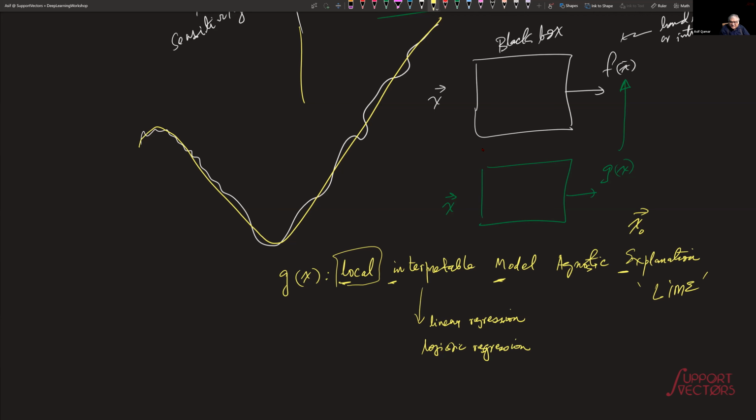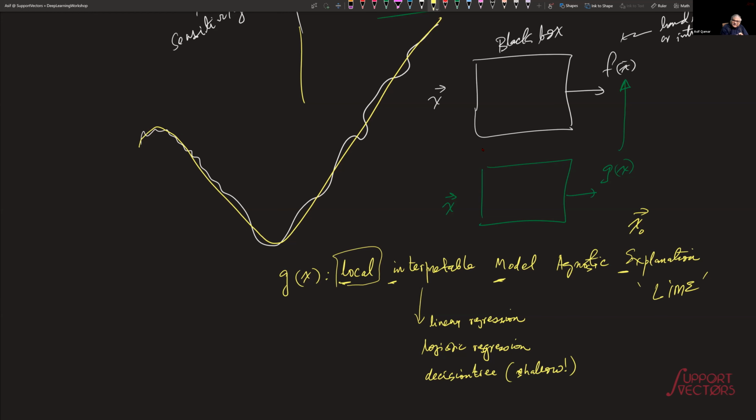These are linear models. Sometimes people find it easier to understand in terms of a decision tree. So you can use a decision tree, but don't make it very deep, keep it shallow. Otherwise, you lose interpretability.